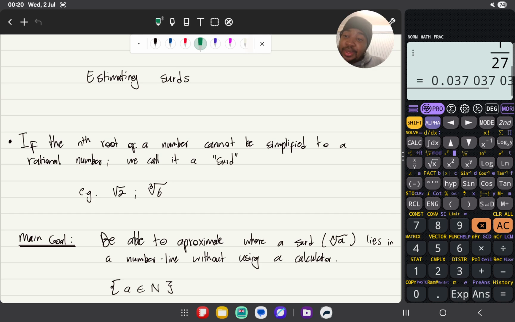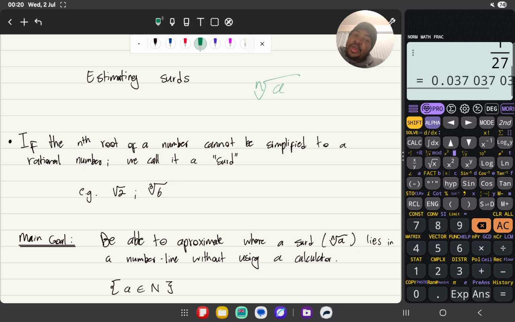So we are saying if the nth root of a number cannot be simplified to a rational number, we call it a surd, right? If you have a number like this and it cannot be written or simplified as a rational number, we call it a surd.